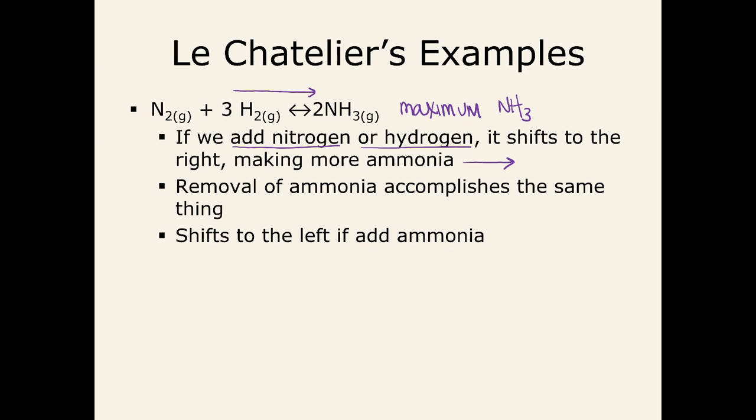Conversely, the way they do it industrially is once they make ammonia in a giant container, they then remove the gas out of that container, because once you remove ammonia, it's going to try to replace the ammonia that's been removed, and it's going to shift right. Okay, so that's an example of Le Chatelier's, but we're going to do bloodstream biochemistry, which I know you'll enjoy, but that's the next video.